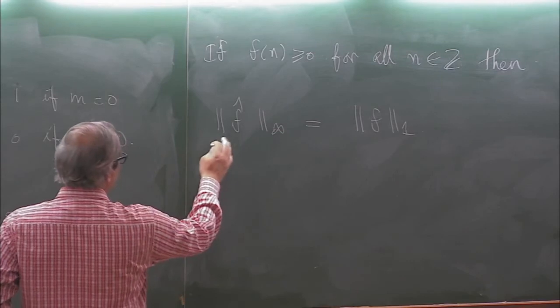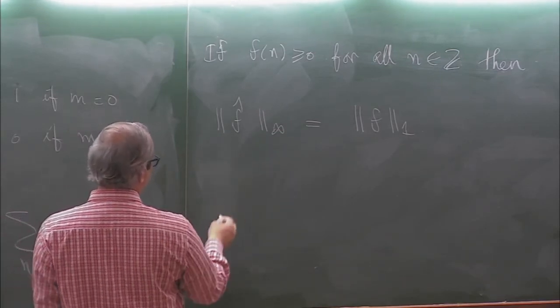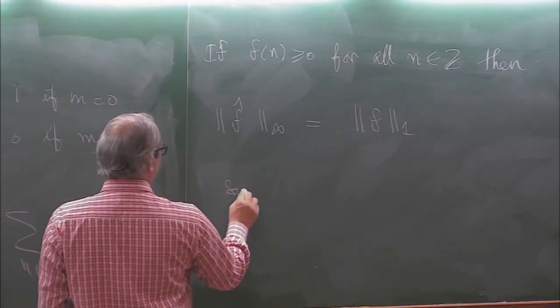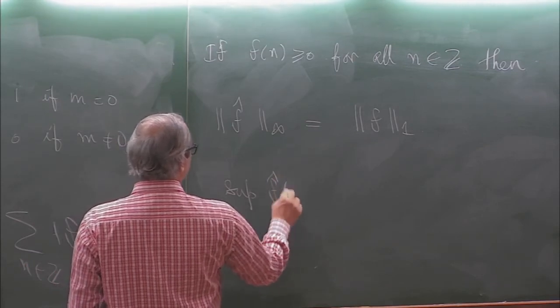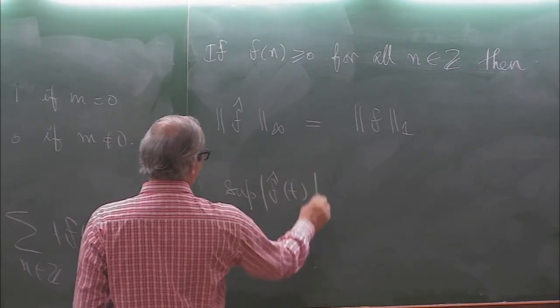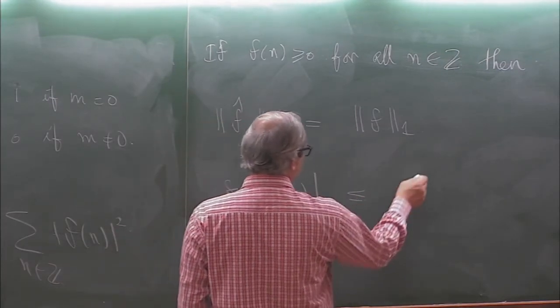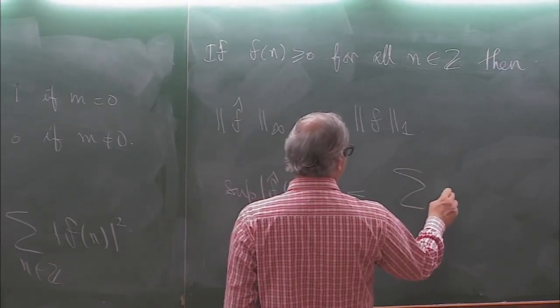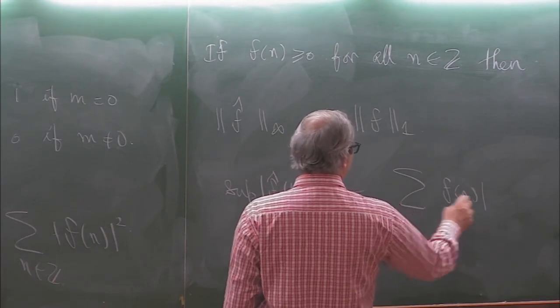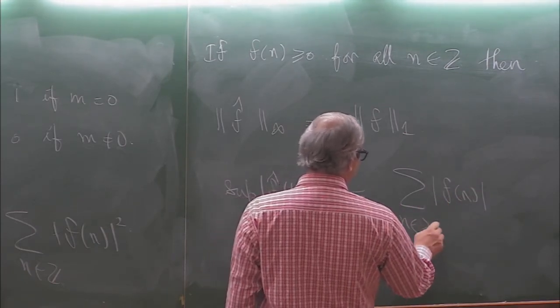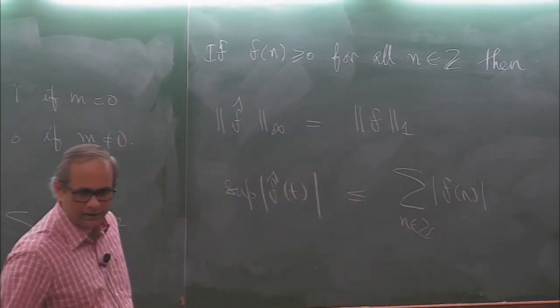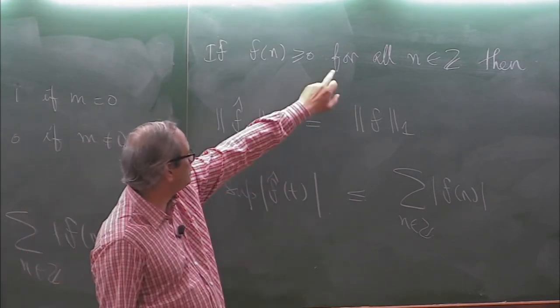Because the L infinity norm, which means the supremum of |f hat of t| in absolute value, by the triangle inequality is less than or equal to the sum of |f of n|. In general this is the case by the triangle inequality, but f of n is greater than or equal to 0 by assumption.